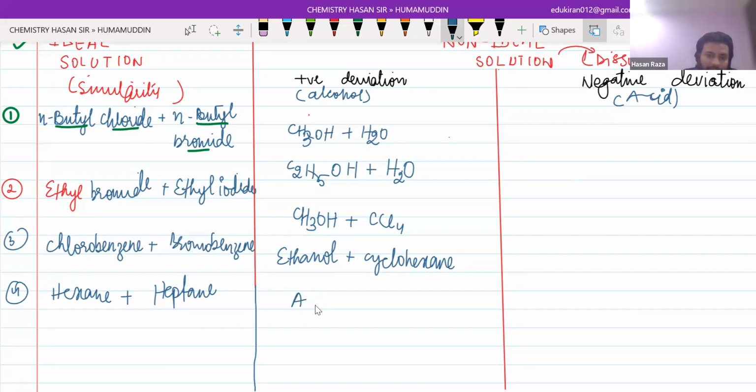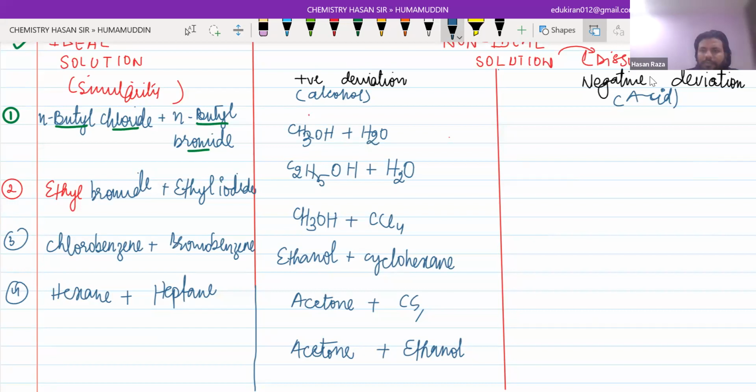The next one, which is not alcohol, you can see acetone, that is your propanone, and carbon disulfide. I will mark it with a star. And then comes acetone again. Acetone is propanone, functional group ketone, and ethanol is also present.